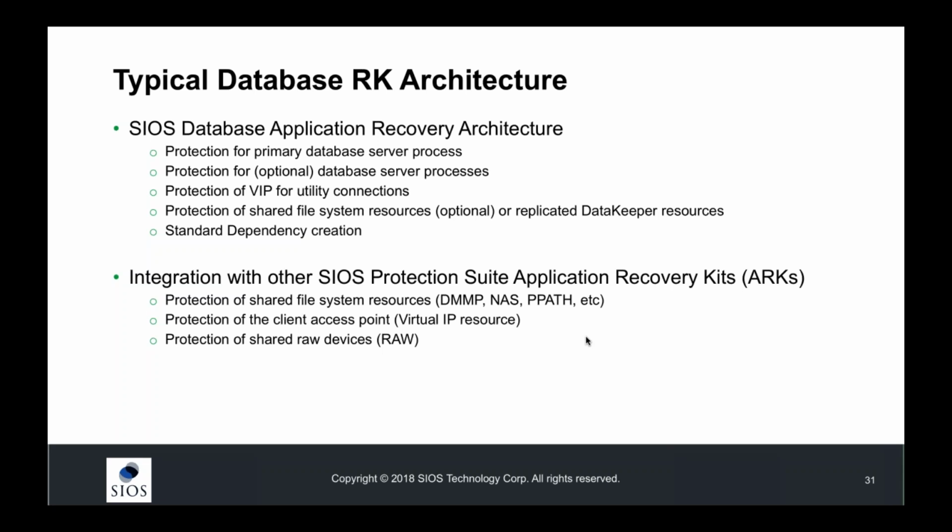So if I had two nodes, host A and host B, I could have multiple instances protected on each node individually. If I had instance A and B to protect, I wouldn't necessarily have to have them all active on host A. I could have host A normally serve up production for instance A. And then on host B, I could have instance B normally be served for production off of that host.